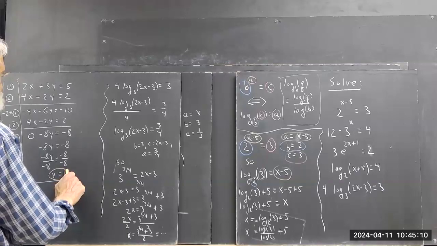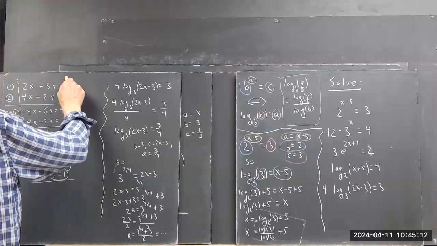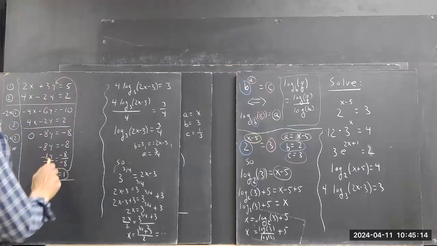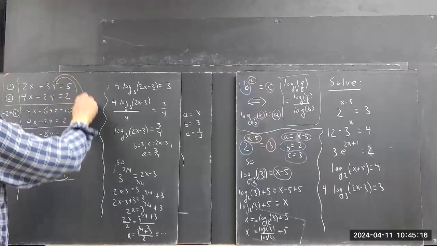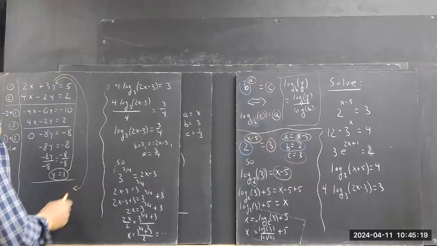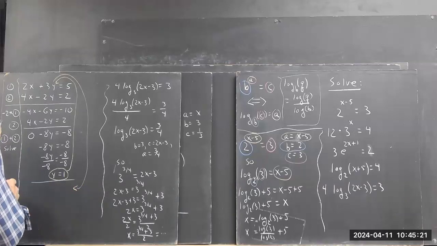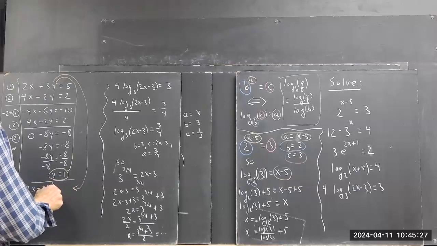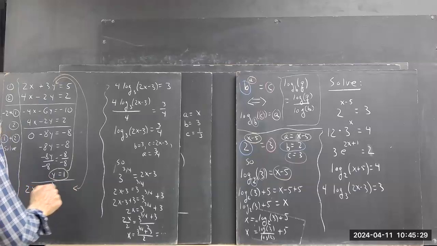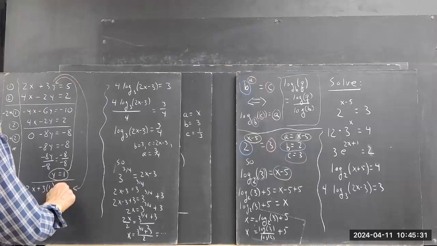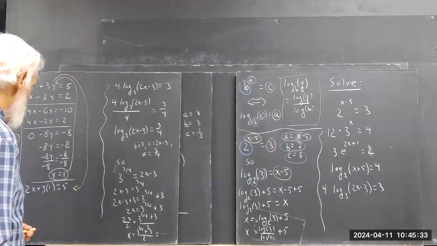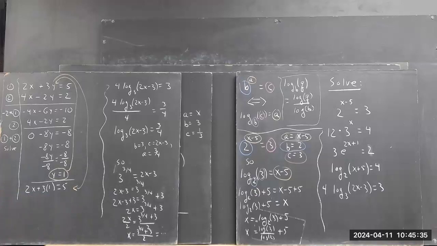I'm going to go with the first. I'm going to plug 1 in for y. This gives me 2x plus 3 times 1 equals 5. Can you solve that equation for x?